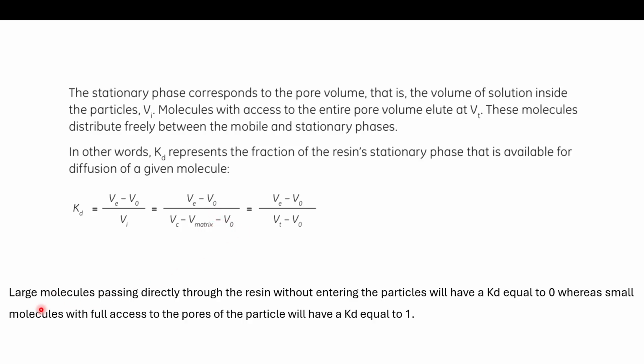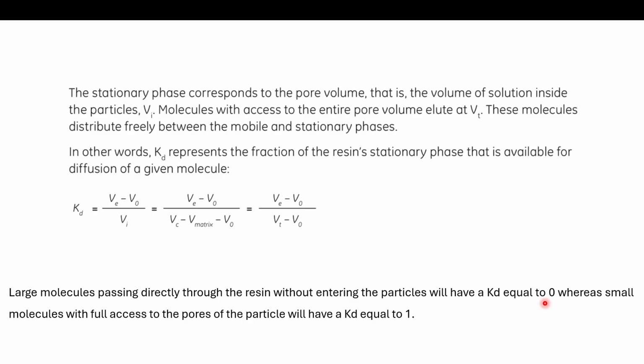Okay. The large molecules pass directly through the chromatographic resin without entering the particles, the resin particles that are packed there. Large molecules that pass through the resin without entering the pores will have a distribution or partition coefficient equal to 0, because they are not even getting partitioned.